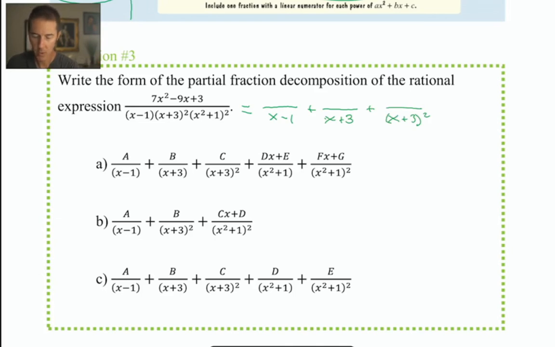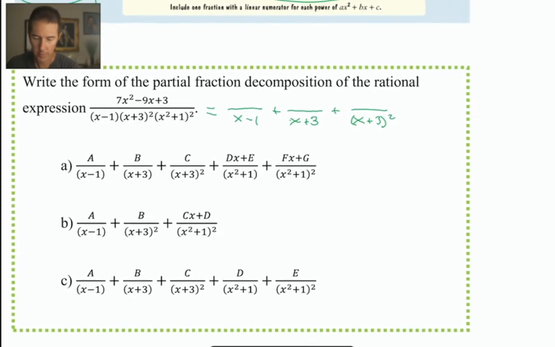Okay, and now our 3rd factor in the denominator is the x squared plus 1. I see it's being raised to the 2nd power, so it's going to appear twice. The x squared plus 1 appearing the 1st time, and the x squared plus 1 appearing for the 2nd time where it's squared.